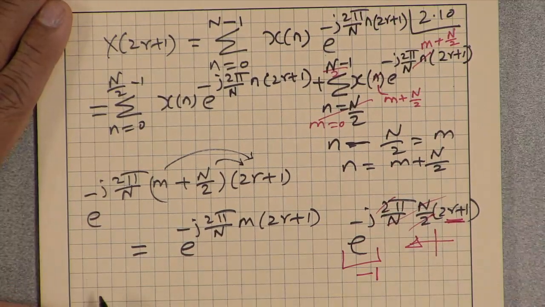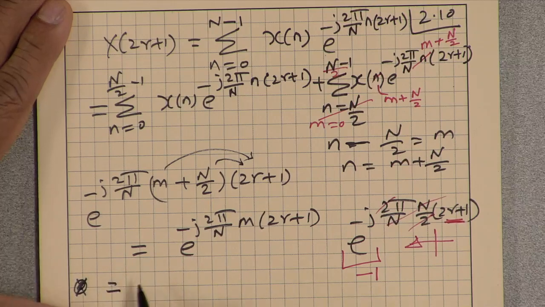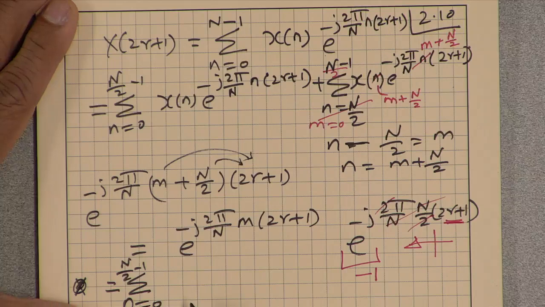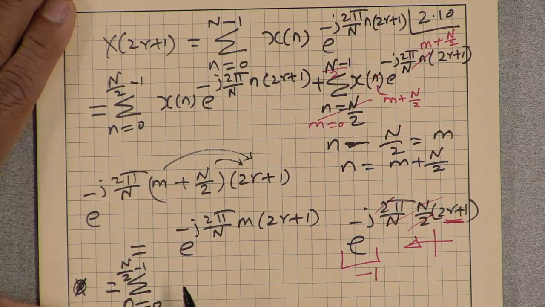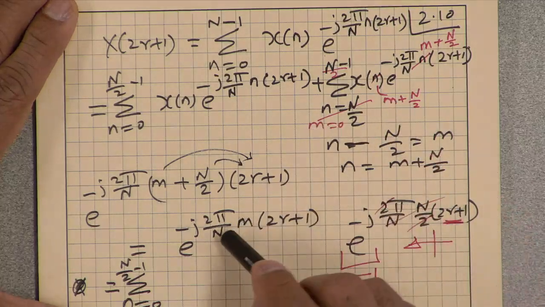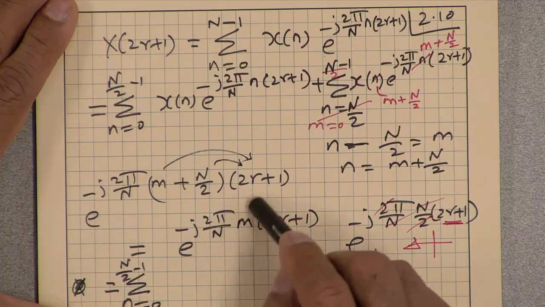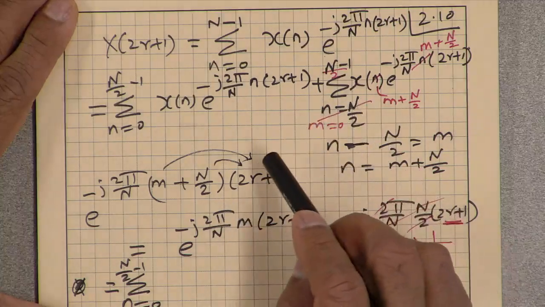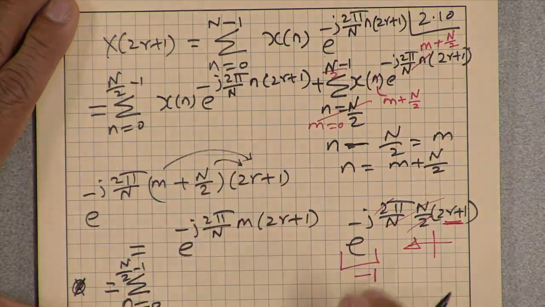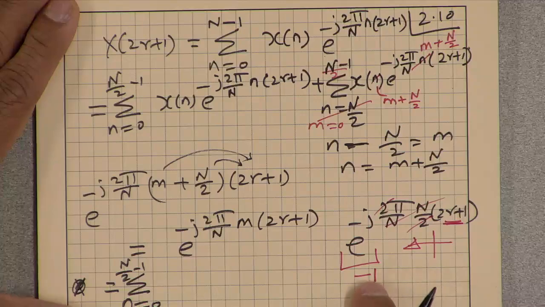So finally we can write this one as the sum over n equal to 0 to N by 2 minus 1. Again, because of the dummy index, I can put this m and this m as n. It's a dummy index. So then what we see is x[n], and there's a minus sign here, that minus 1.